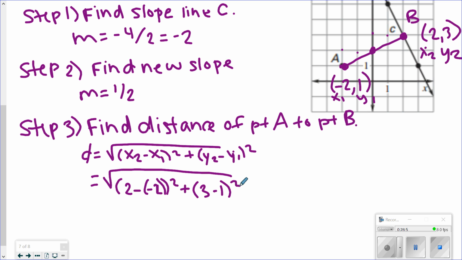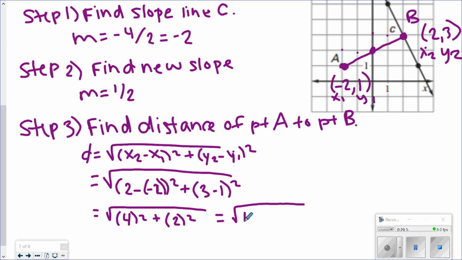Let's simplify here. So 2 minus a -2 is really 2 plus 2. So this becomes 4 squared plus 3 minus 1 is 2 squared. And I can simplify that. So 4 squared is 16 plus 2 squared, which is 4. And this is the square root of 20. Now when I plug in the square root of 20 in my calculator, I get approximately 4.5.